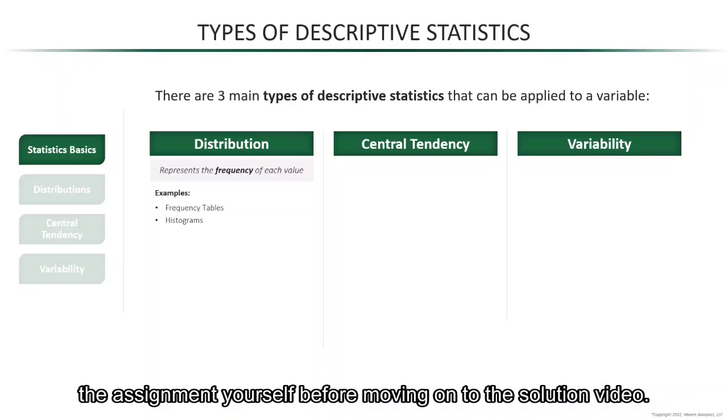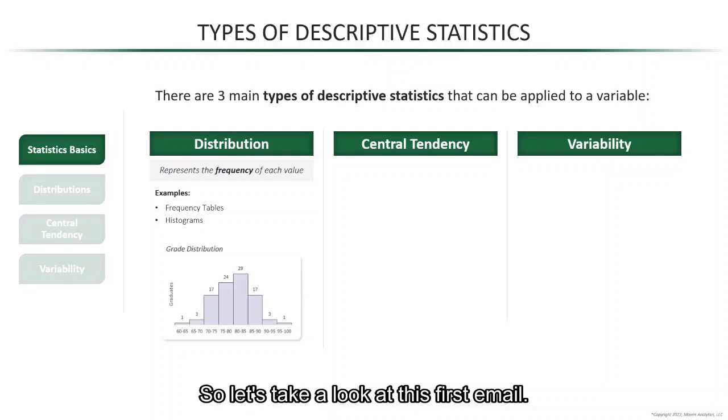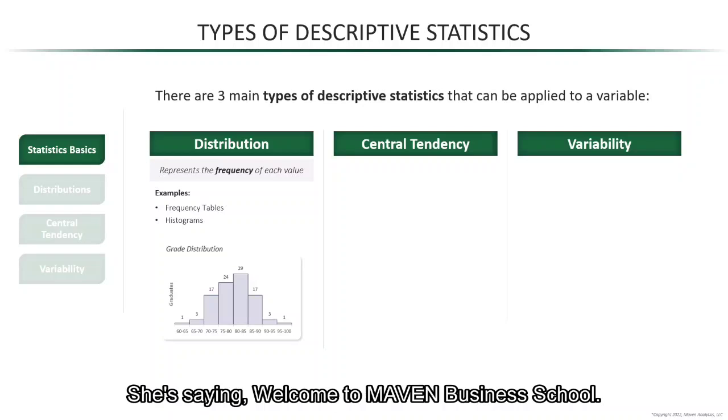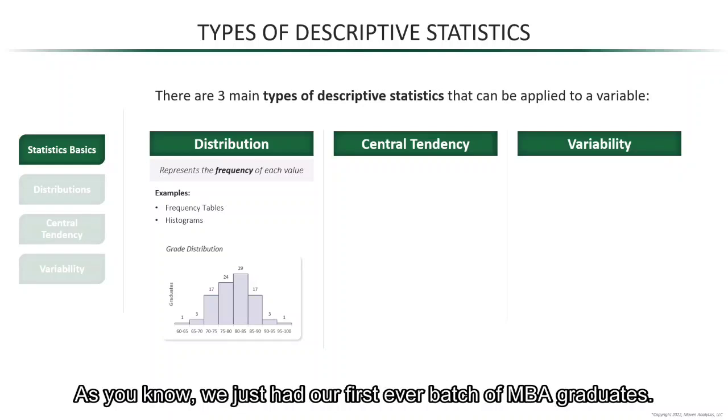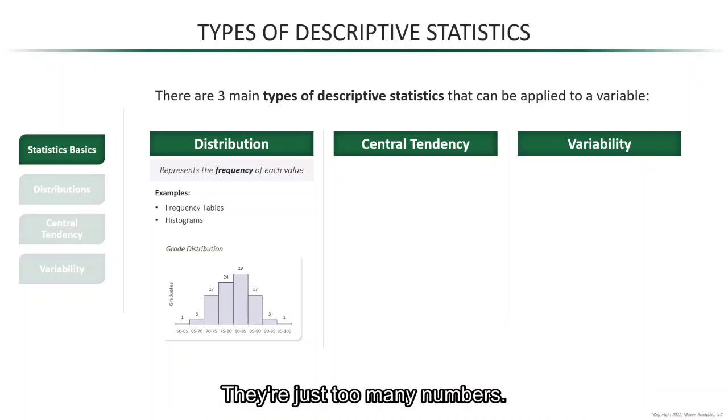Some examples of these are frequency tables and their graphical equivalent, histograms, which you've already seen an example of. And if we take a closer look at it, then we can see exactly how many graduates fall into each grade bucket and how that frequency varies by bucket. So this is going to give us a pretty good idea of the overall shape of the data.